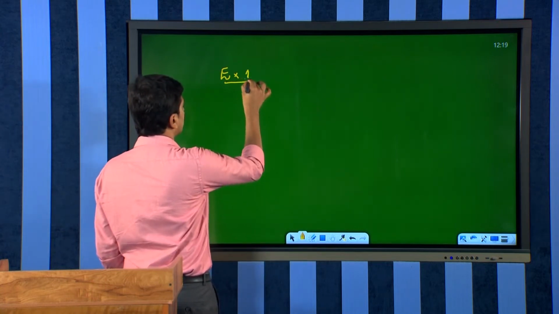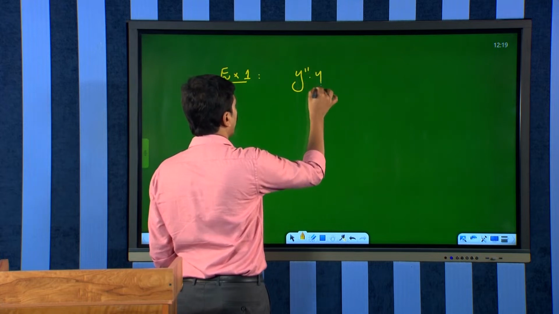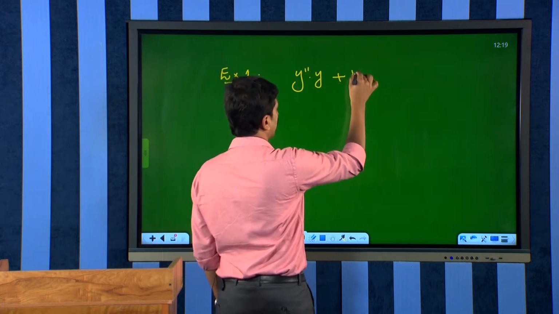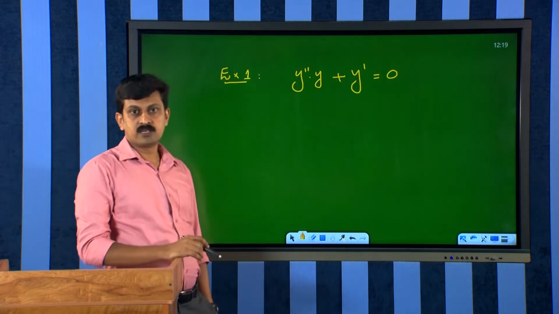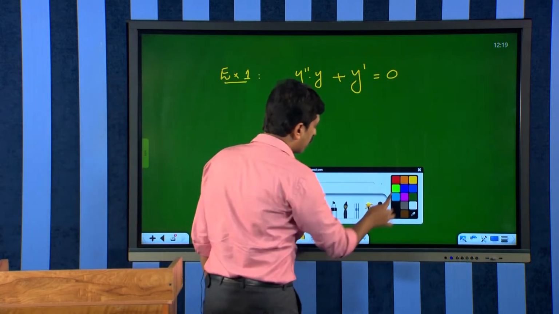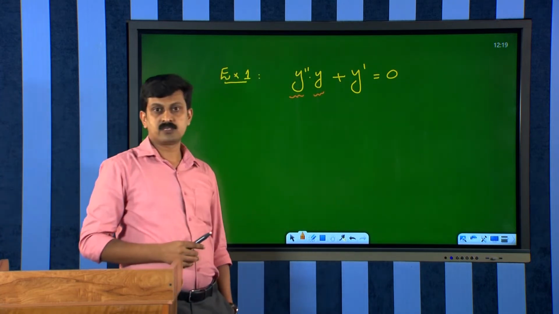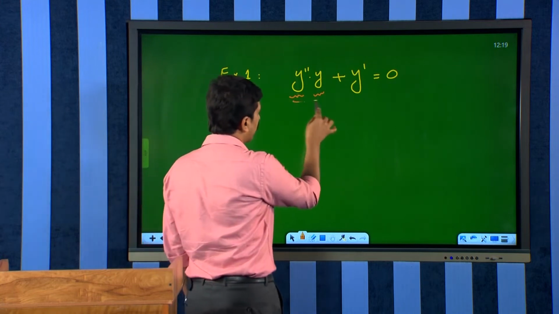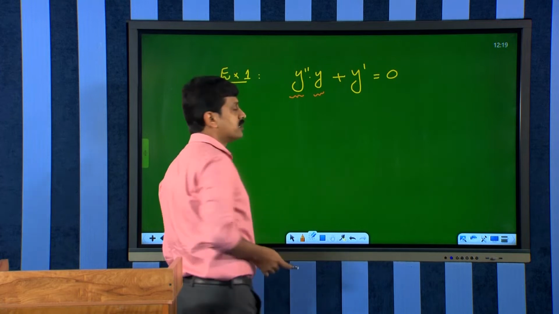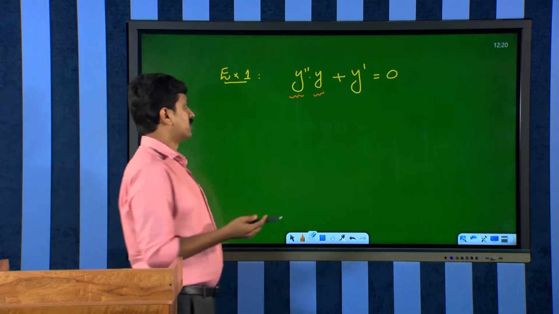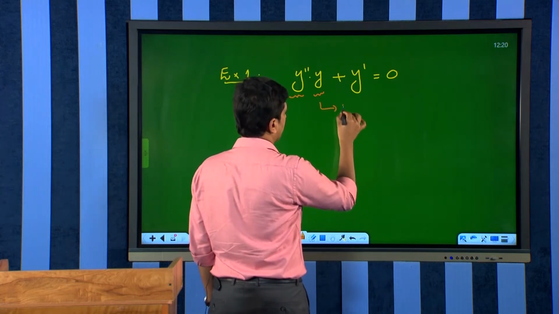We have y double dash into y plus y dash is equal to 0. Here y double dash is there and also y is there. They both come in a single term, therefore we can say that this is non-linear.